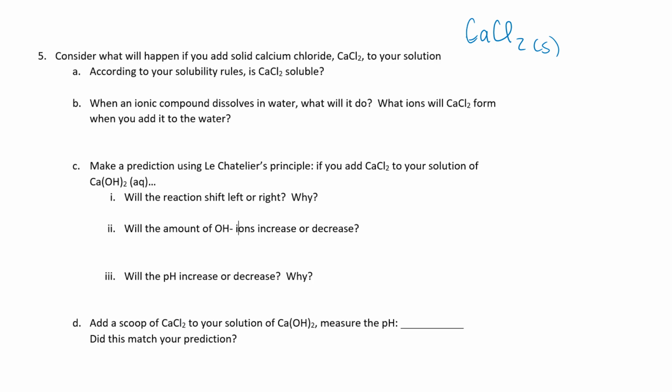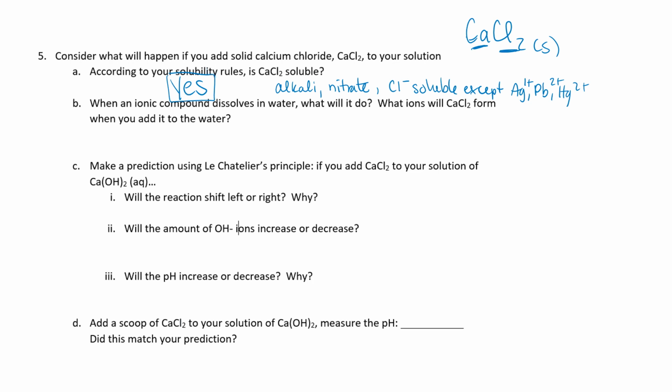If you remember our solubility rules, the main ones were the alkali metals are soluble, nitrates are soluble, and then your chlorides are soluble except when bonded to silver, lead, or mercury. Those were your exceptions. So this is a chloride, so chlorides are mainly soluble unless bonded to silver, lead, or mercury. It's not, it's bonded to calcium. So yes, we expect it to be soluble.